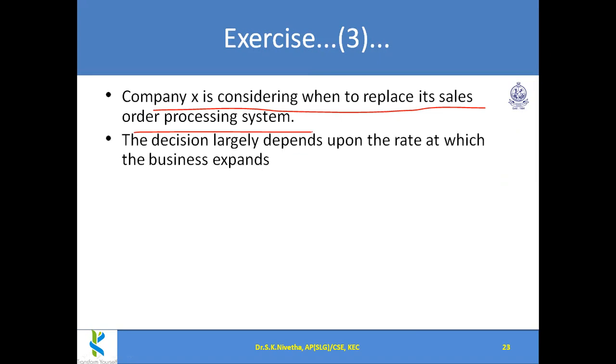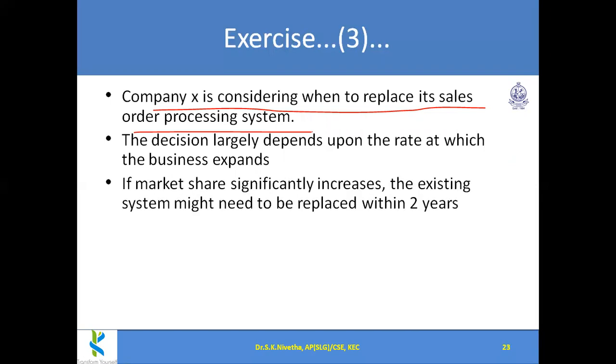So the decision depends upon the rate at which the business expands. If the business expands, meaning there is a market for this product immediately, then if they replace it, many people will purchase. That means it is profitable. If nobody is going to purchase immediately, there is no market at all, then they can postpone the replacement.